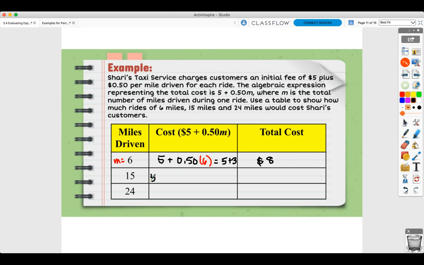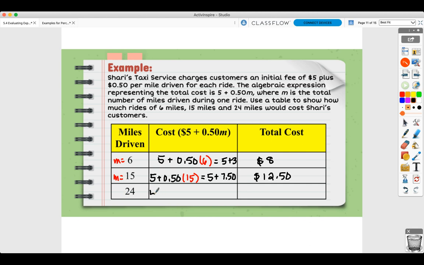Let's do another one. 5 plus 0.50 times 15 now. So remember, m is now 15. So 0.50 times 15 is going to be 7.50, and 7.50 plus 5 is $12.50.